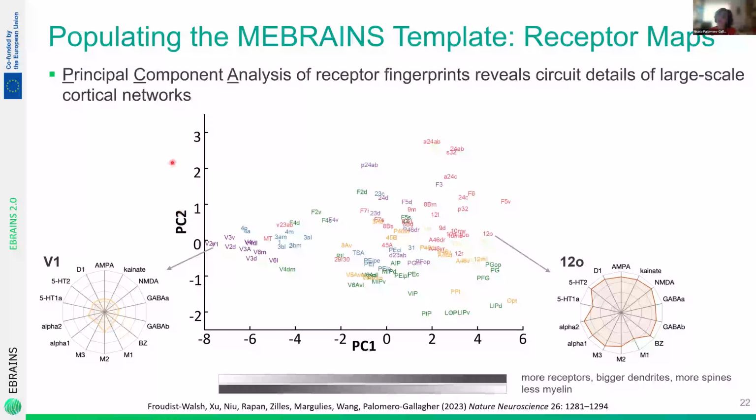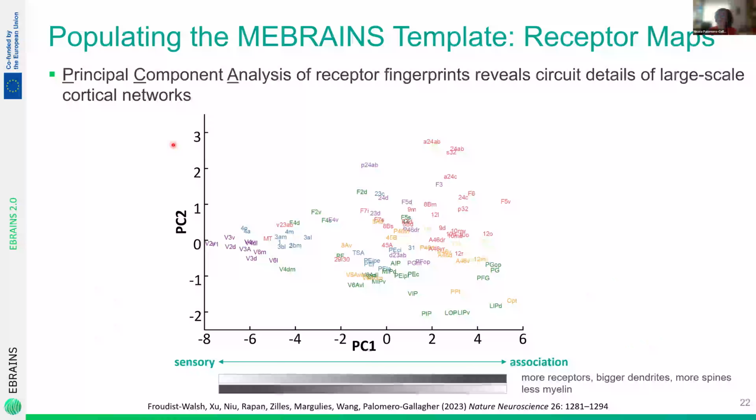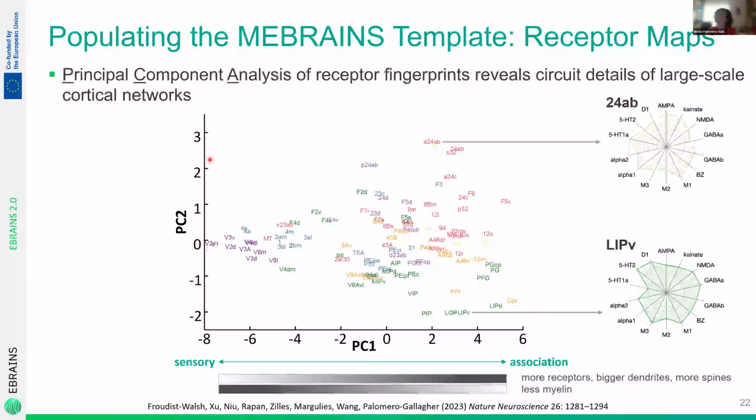And if we then look at what are the differences between areas that are located on either side of principal component number 2, then we will see that basically the difference between these areas up here and the ones down here is the relative density of the 5-HT1A receptor, which is very high in these areas up here compared to the areas that are located down at the bottom of the PC2.